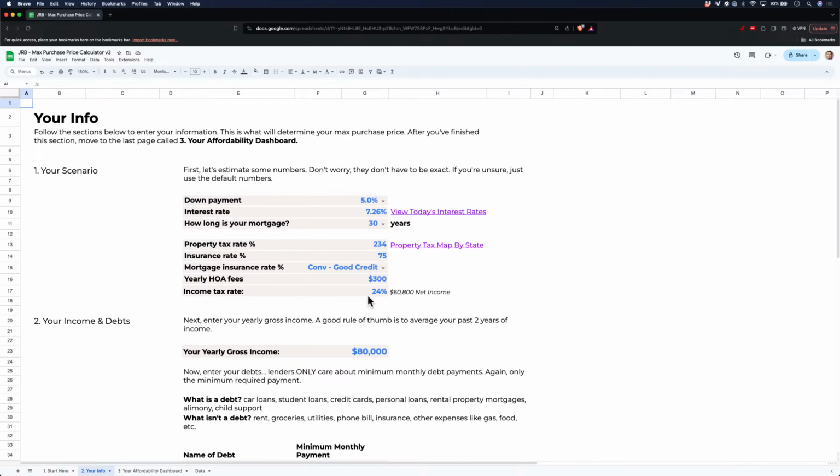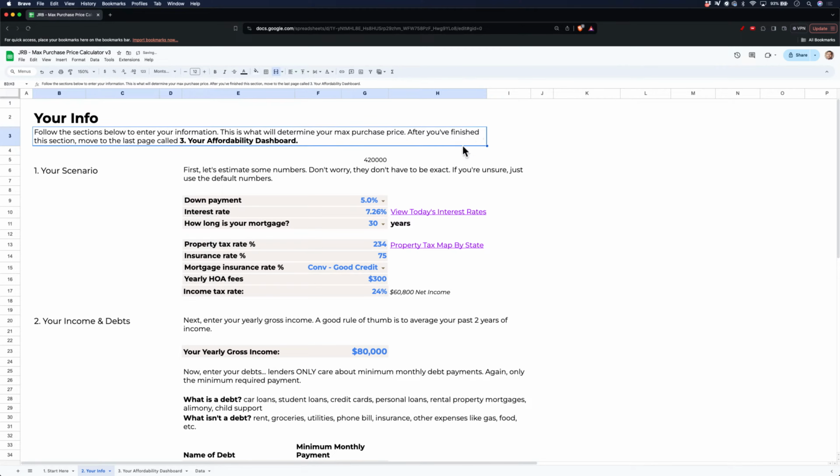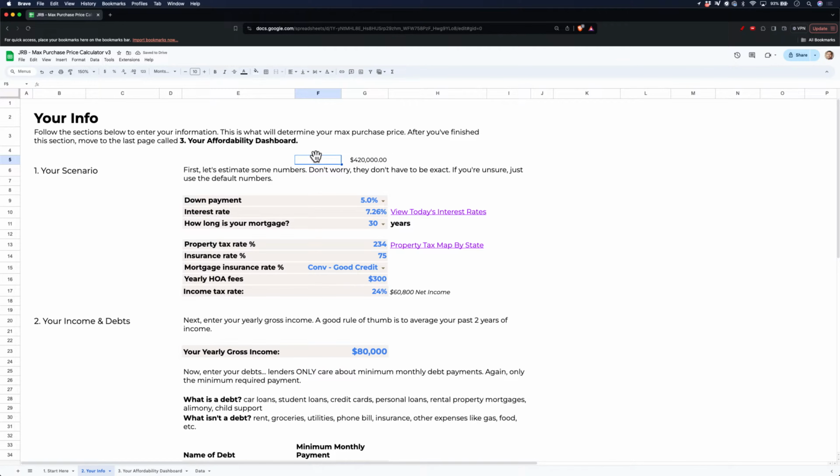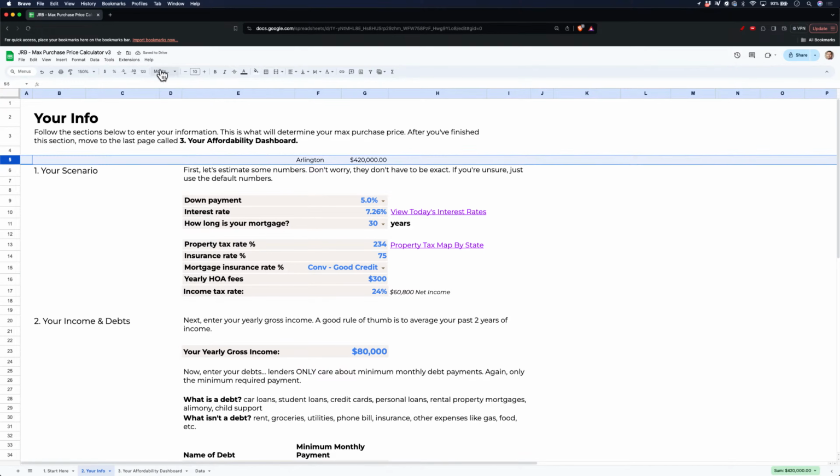For our purposes today, we're going to say that we're trying to buy this $420,000 house. Let me just put that in, because I'm going to forget. $420,000. All right, that is our mission today, and we're going to go into Arlington to give a visual cue for those of us tuning in just now.